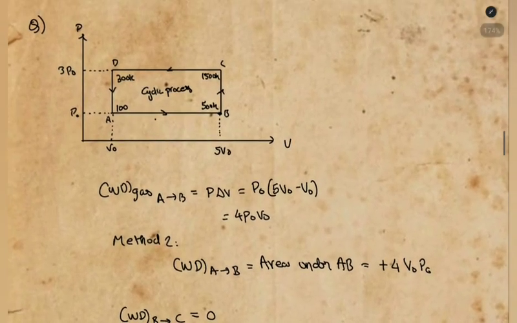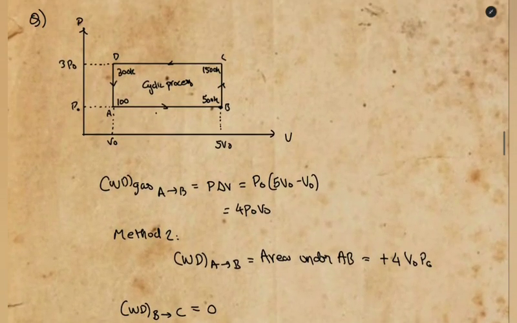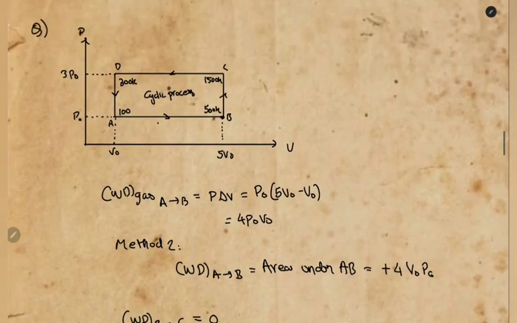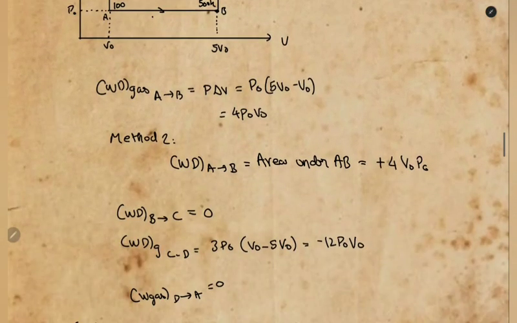Next thing is, again, why is every question the same model? I hate it. So, work done by the gas from A to B: P delta V, because P is constant, we can take this formula. And then what's there in method 2?